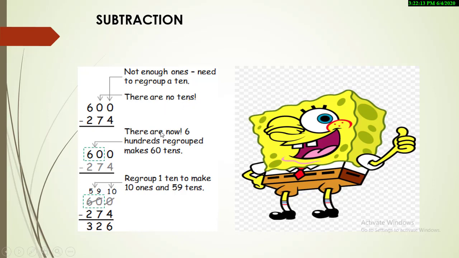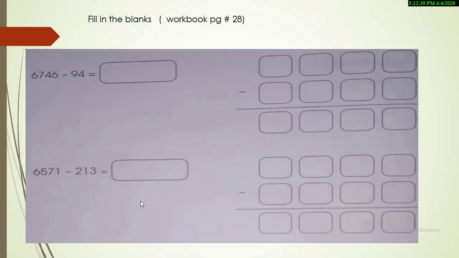So there is number 6 at the 100 place. So you will group it with the 6 and make it 60, and then this 59, give one to the 10 and then you subtract it. So this was just an explanation worksheet that I selected for all of you because it is a kind of thinking process that is needed.